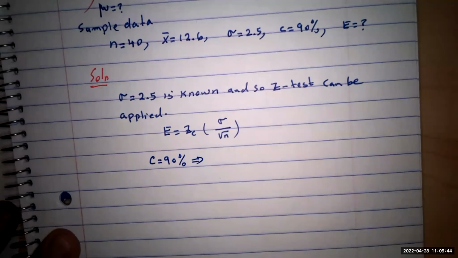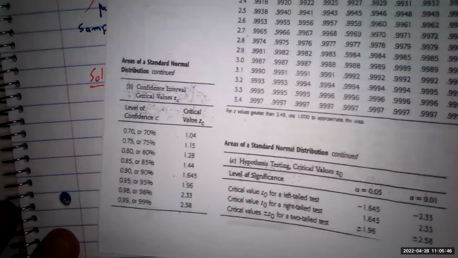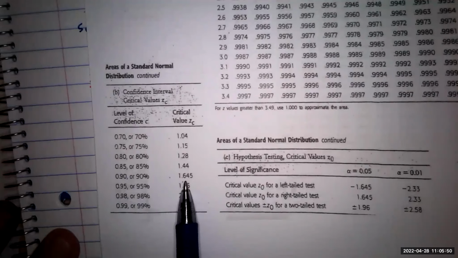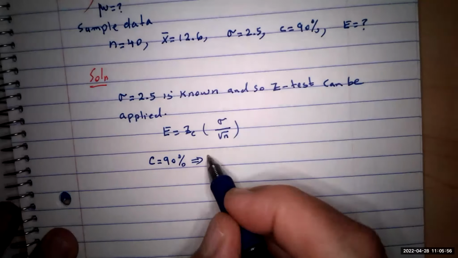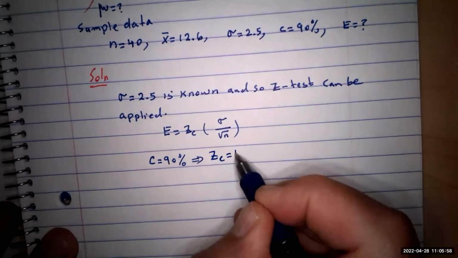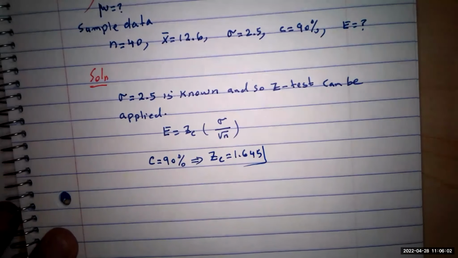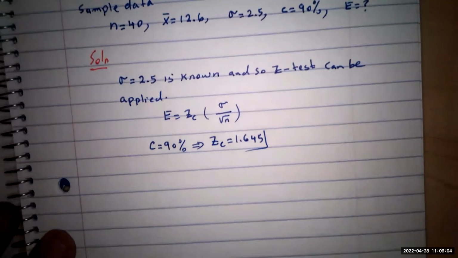Again, you go to that bottom corner that we talked about. You see 90%, 1.645. So ZC would be 1.645. That's it. Any question? So make sure you have it from the Canvas.